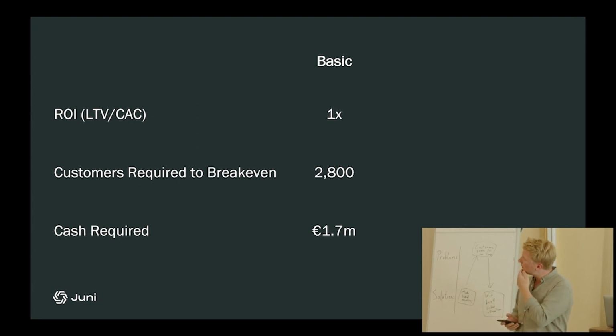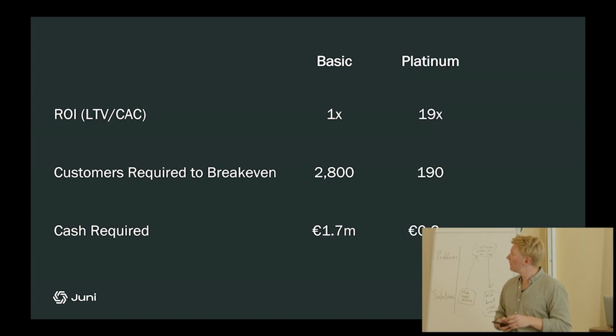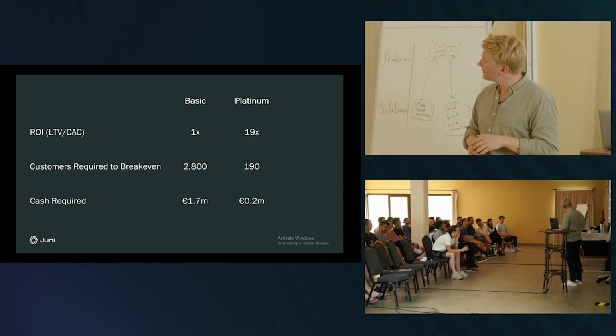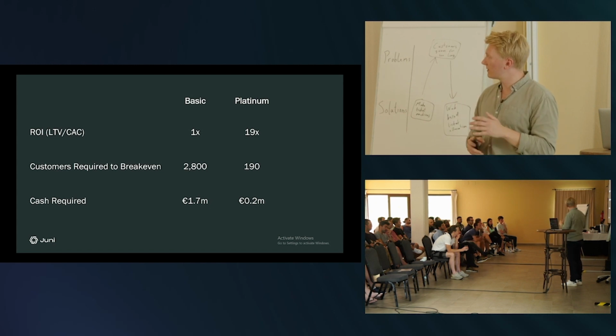If we look at a basic or silver customer in the month of June, then we roughly recouped or stayed at 1.5 times the CAC that we spent on that customer. The implication is obviously that we need to acquire more customers, and we require more cash to acquire those customers. A platinum customer, on the other hand, has a very similar CAC, at least for now, and with that we require fewer customers to onboard and less cash.